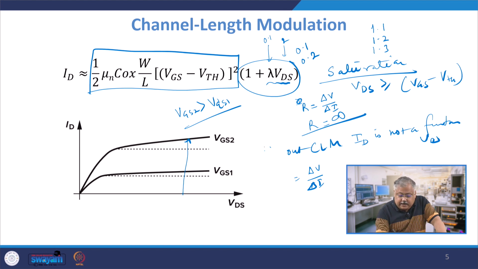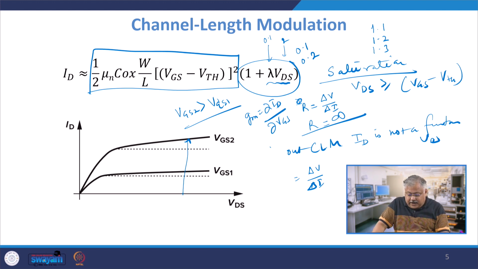What I told you, GM is equal to del ID by del VGS, gate to source voltage, right? Now for a fixed value of VDS, basically what I'm looking at is this VGS here and this VGS here, and I'm trying to extract the value of GM, transconductance. You will see as you move to lower values of VDS, this change in current will be lower, whereas if you go to a higher value of VDS, this change in current will be much larger.